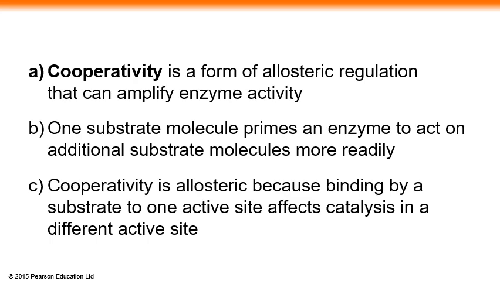So one substrate molecule primes an enzyme to act on additional substrate molecules more readily. So cooperativity is allosteric because binding by a substrate to one active site affects catalysis in a different active site.